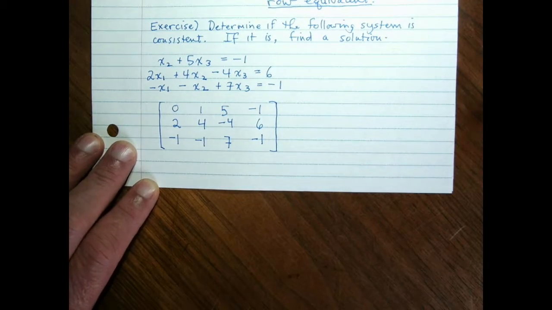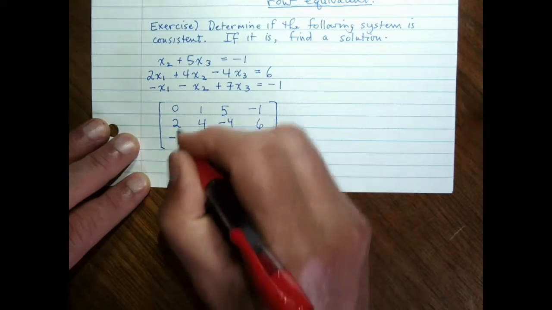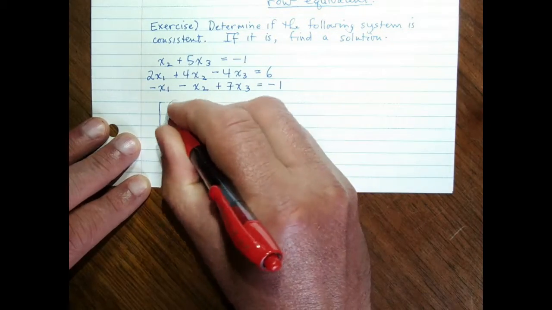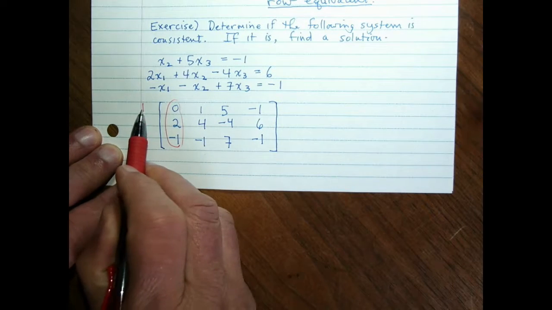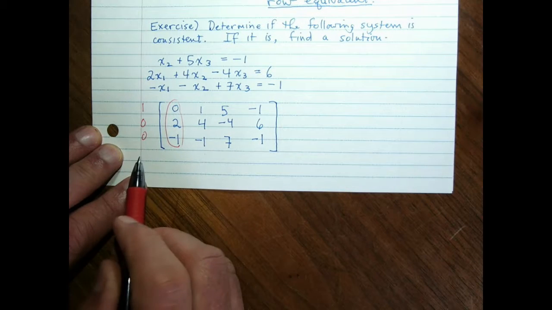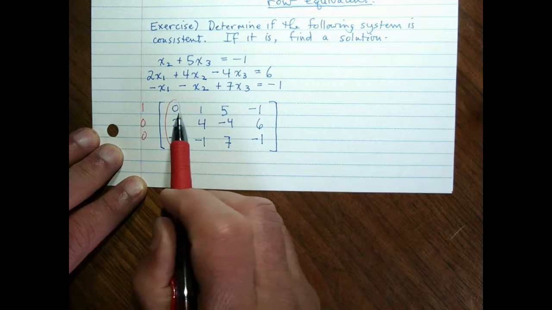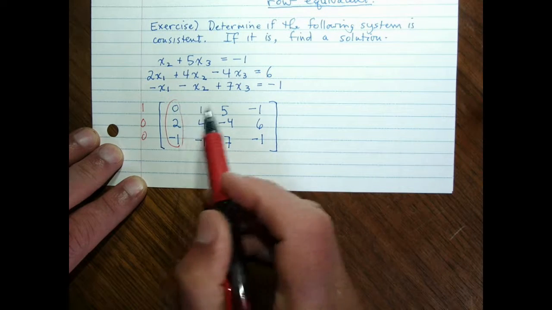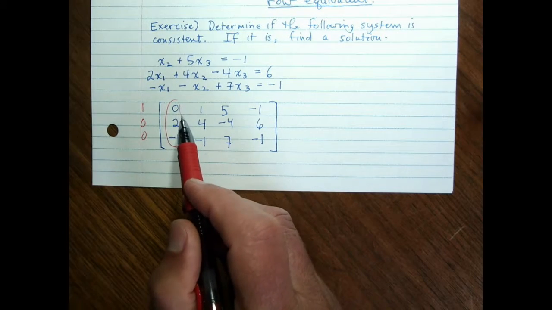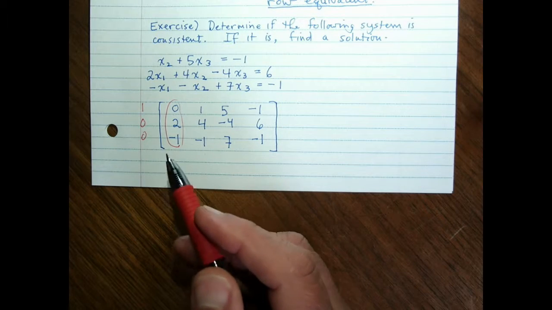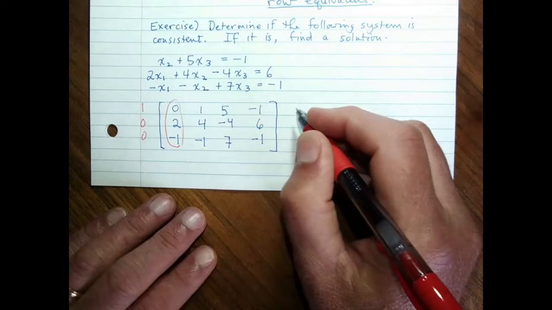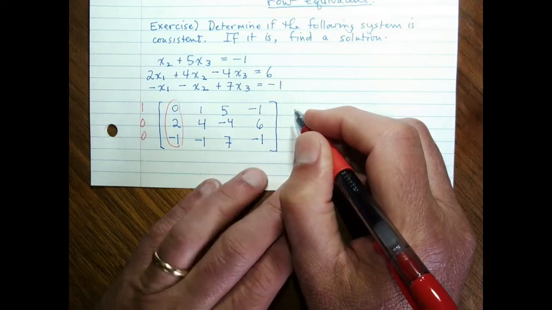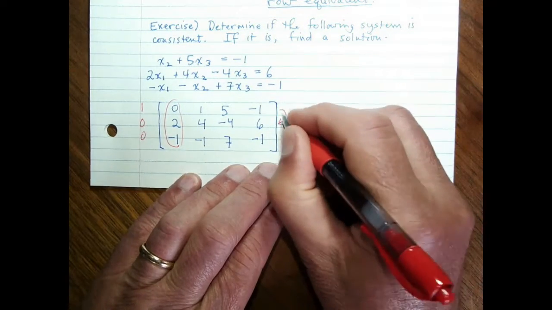Now, remember how we started out before. We took that first column and we wanted it to look like 1, 0, 0. We wanted a 1 up at the top with zeros below. There are things I could do to get that 0 to be a 1, but I just want to introduce this other thing we can do here of interchanging rows.